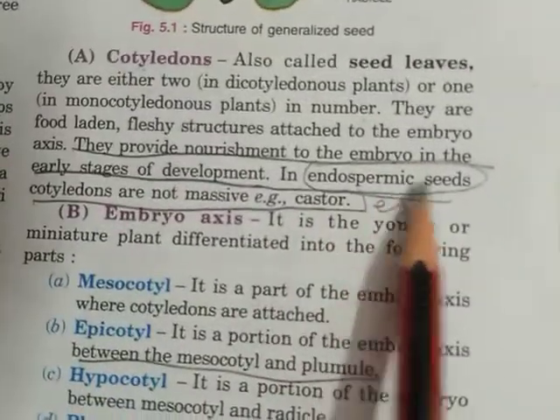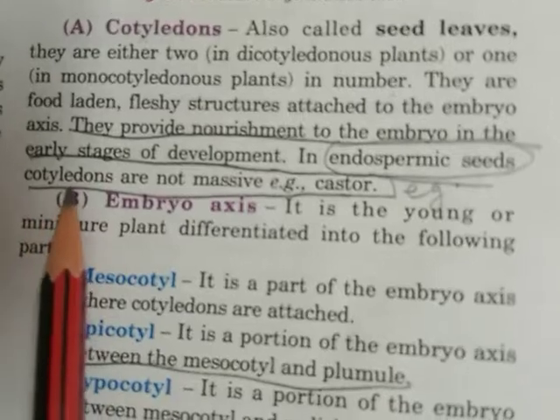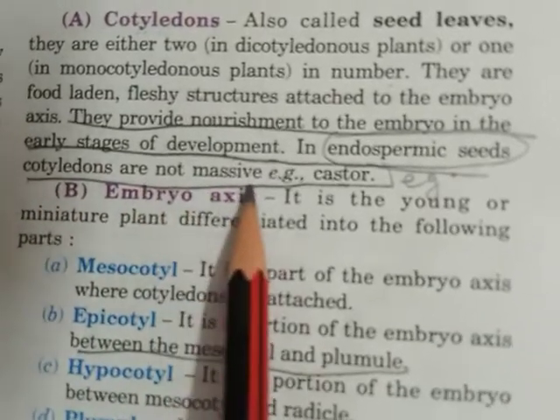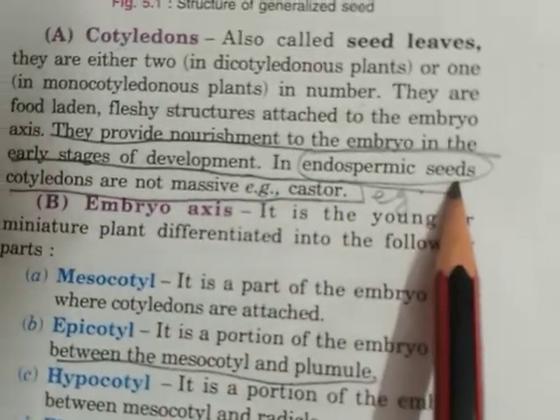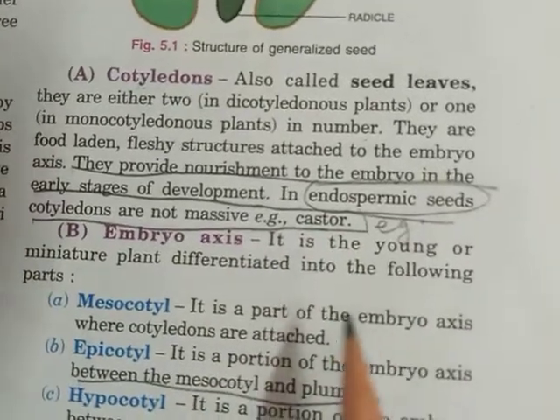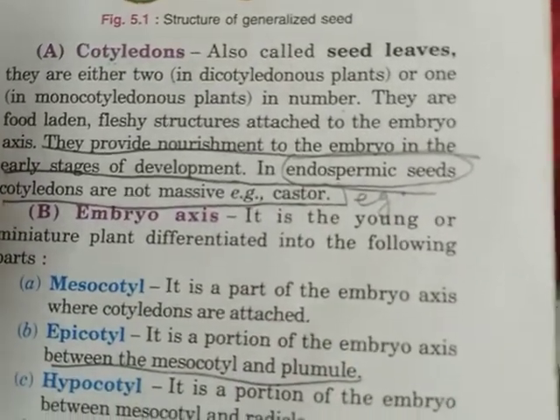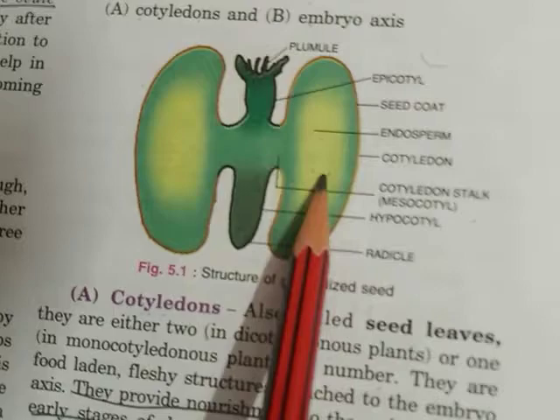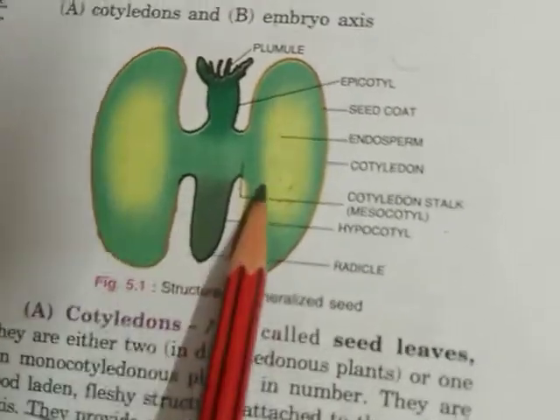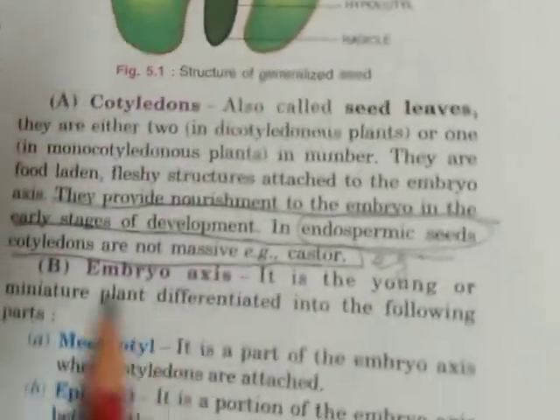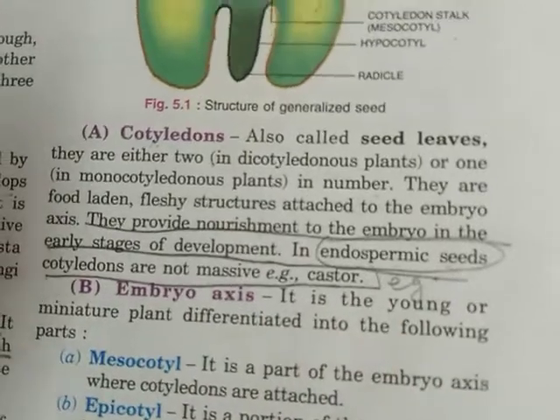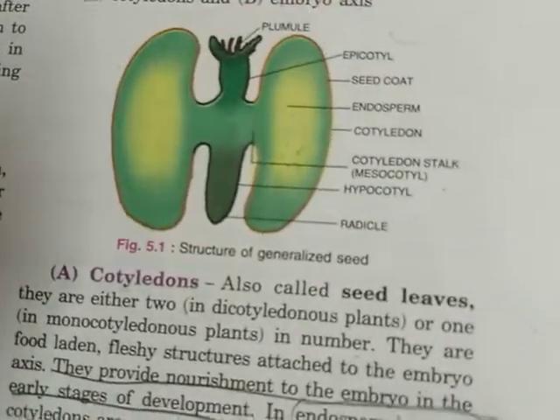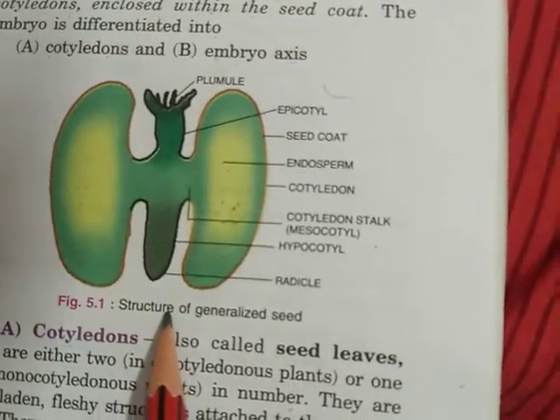In endospermic seeds, cotyledons are not massive. Some are endospermic seeds and some are non-endospermic seeds. In endospermic seeds, the cotyledons are very thin, not massive, and the nourishment is provided by the endosperm to the embryo.